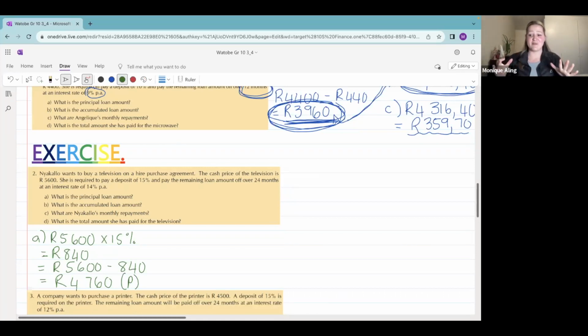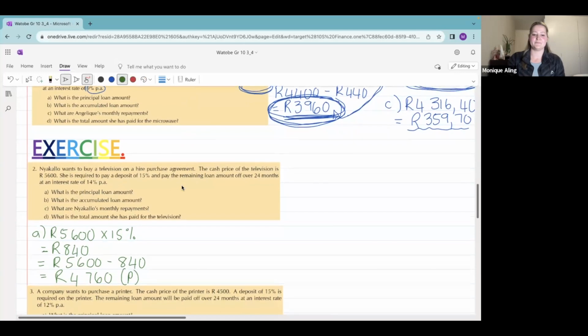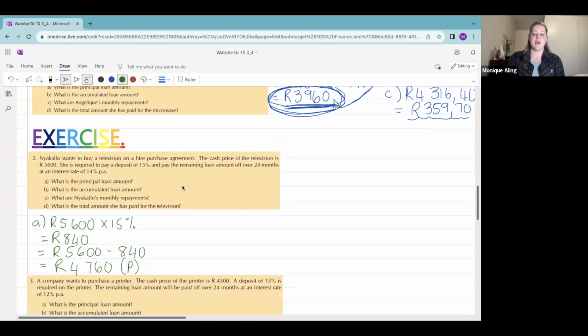Are you guys ready for B? Are we ready? We can do this one. What is the accumulated loan amount? Tiana, we're still waiting. How would we do this? How do we work out B? What do we start off with?